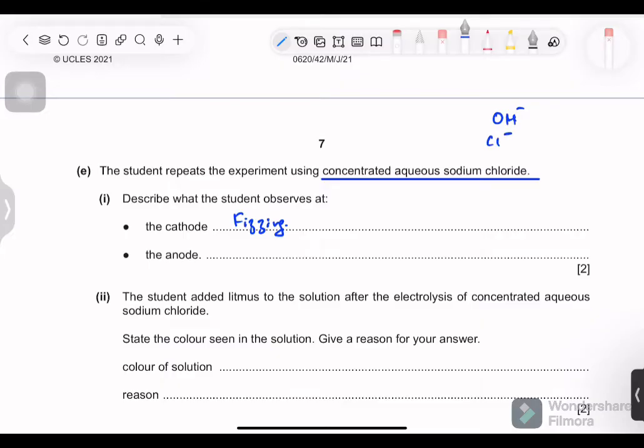OH is below Cl in the reactivity series, so OH is more likely to discharge, and oxygen is produced. But now, because it is concentrated, the Cl is preferred. When Cl is discharged, chlorine is a pale yellow green gas. So green gas is the observation.